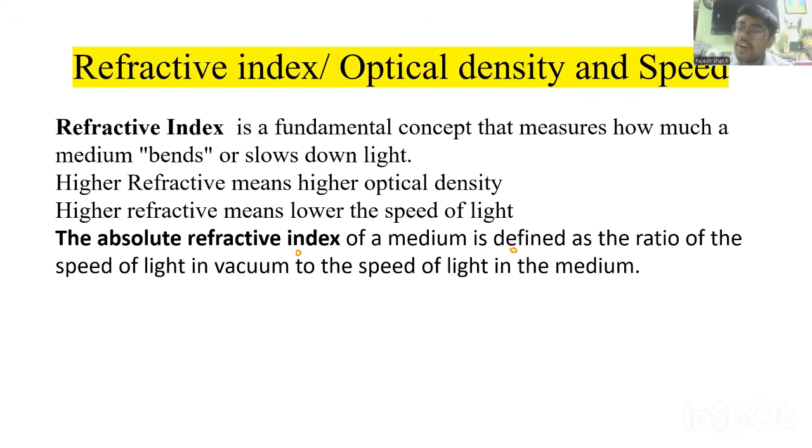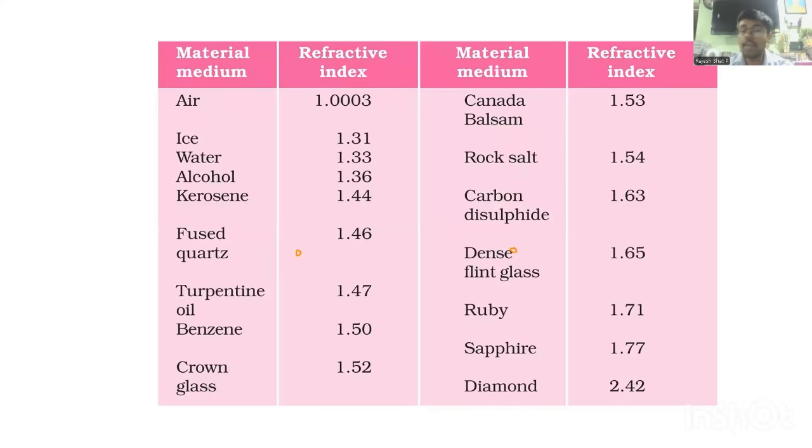Next, refractive index and optical density are almost the same. What is optical density? What is density? All the atoms are very close together, that is density. Similarly, optical density is an analogy. More the optical density, more the refractive index. If you see your textbook, I'll come to this table: diamond is 2.42.